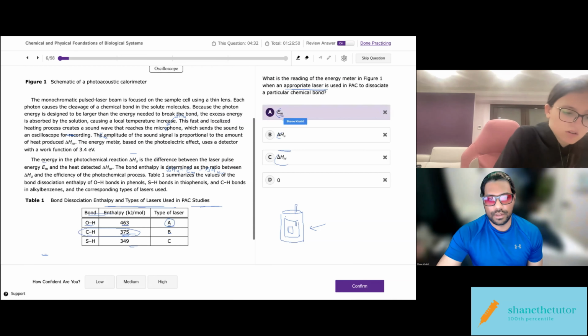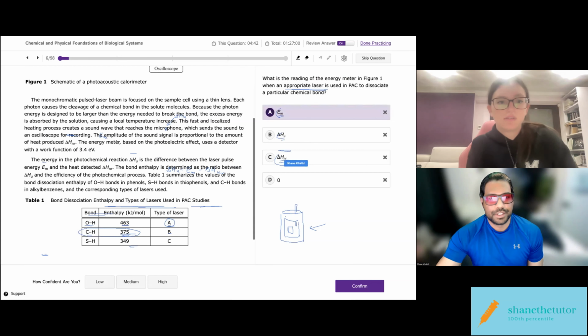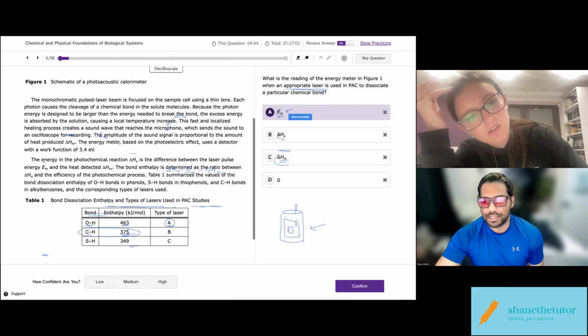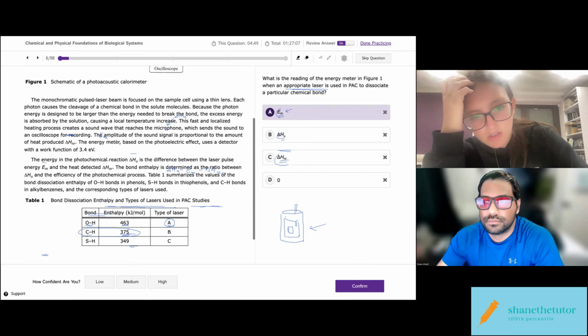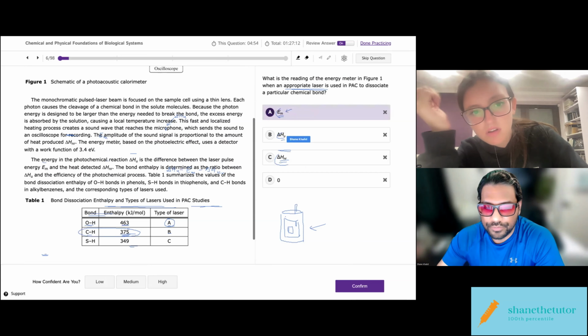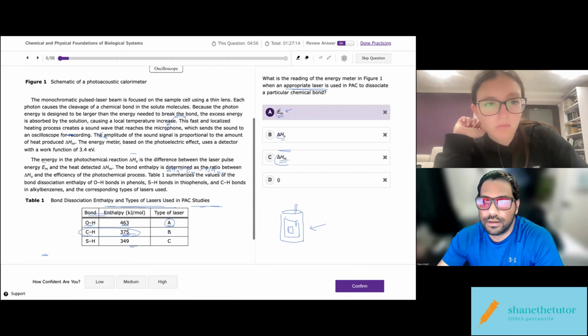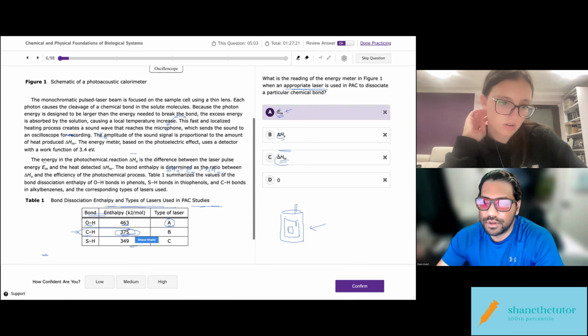Let's think about these three values here. Which one would be... so EM, tell me what that is again. That's the overall laser pulse energy. Good. And this delta HU? Energy of the photochemical reaction. Good. So for this 375, it could be one of these, right?